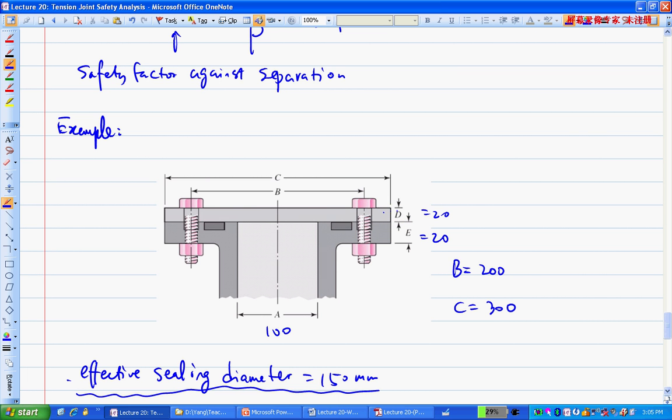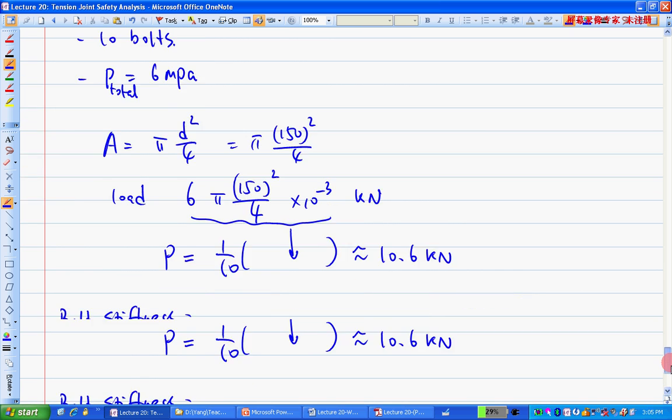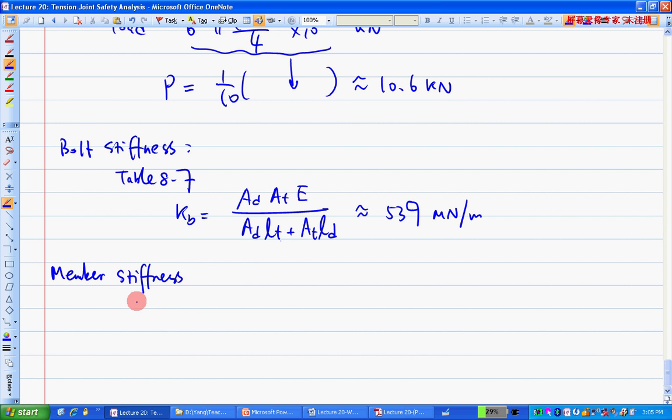Now I'll just assume I have calculated that already. So 2 stiffnesses in series, and I got this value here. Okay, so bolt stiffness and the member stiffness.